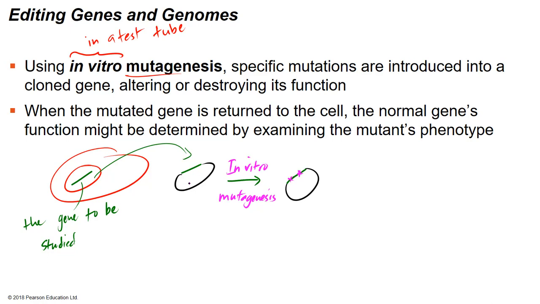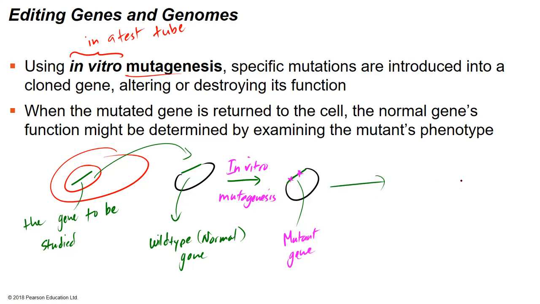So this is, for example, a wild type or normal gene with a normal DNA sequence. And this is a mutant gene with mutations in its sequence. Okay. Of course, how this technique introduces mutations, you will learn about this, inshallah, in other courses. But for now, we could take this gene and put it back inside cells.